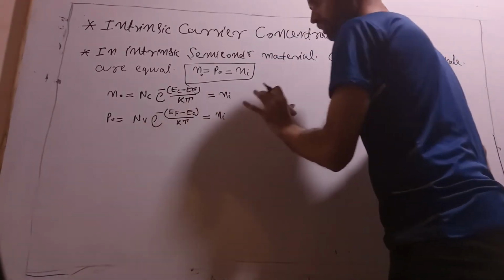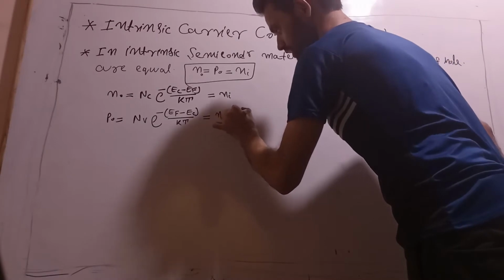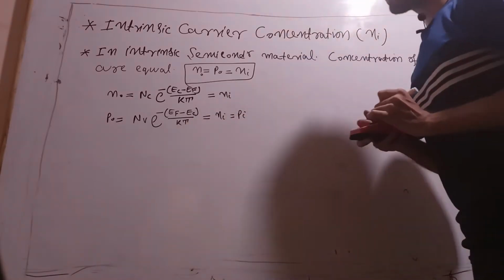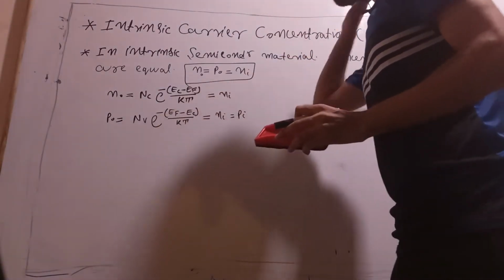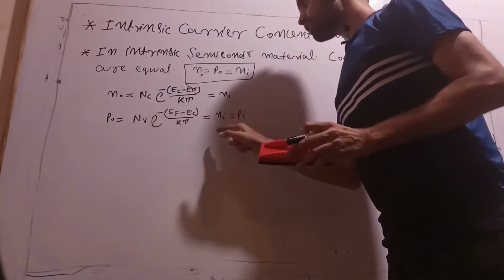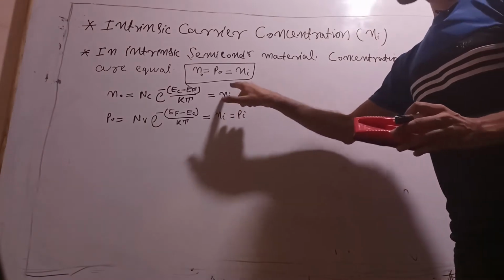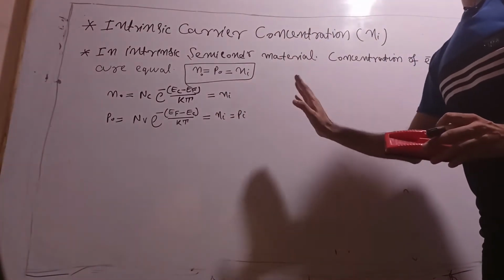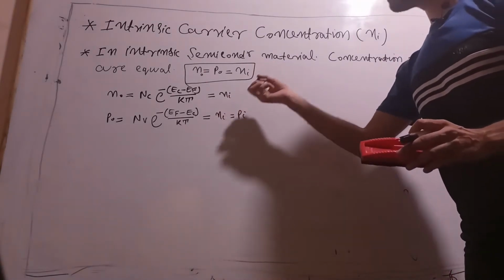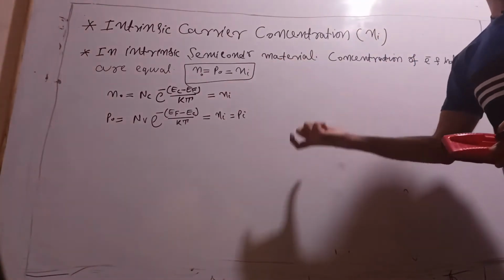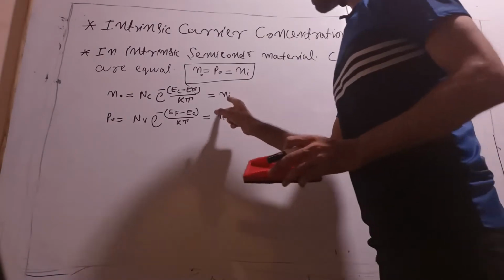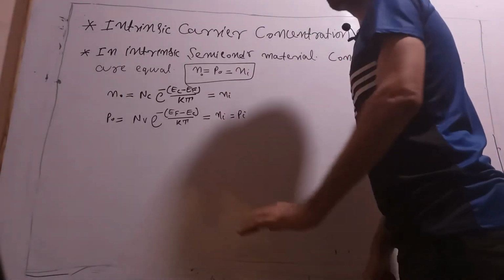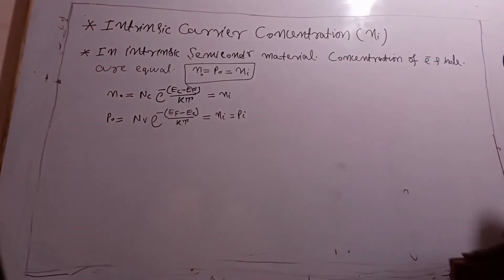So both are equal. The concentration of electron is equal to the concentration of hole, and we can denote both electron concentration and hole concentration by ni. These are the intrinsic carrier concentration in semiconductor for both electron and hole, which are equal.